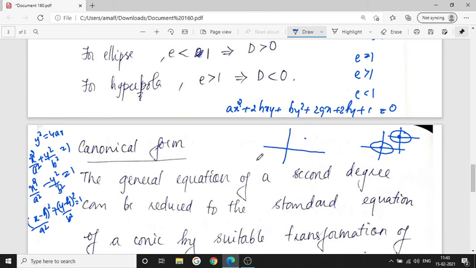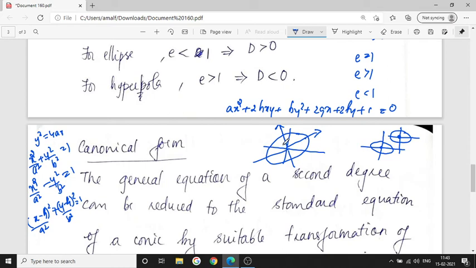Generally, when we get a general second degree equation, I can rotate the axis. When we take a conic, the axes of the conic can actually be like this. So instead of the xy axes, the conic now has these lines as its axes. It is when the axes are rotated that we get a conic with such an equation.